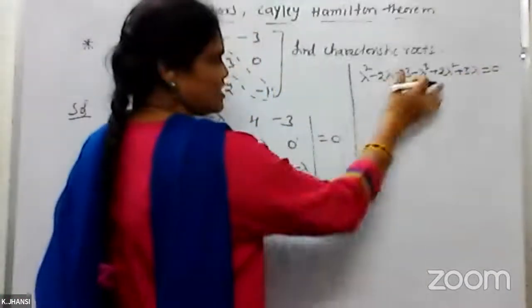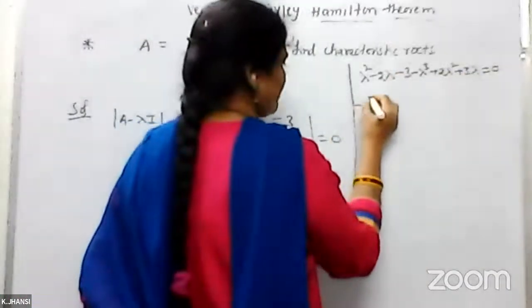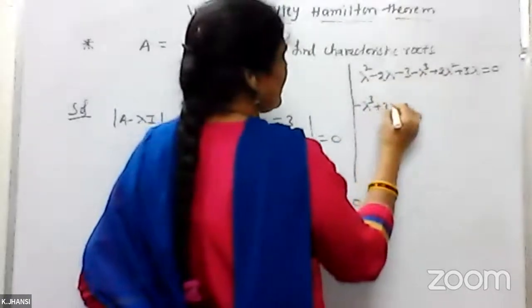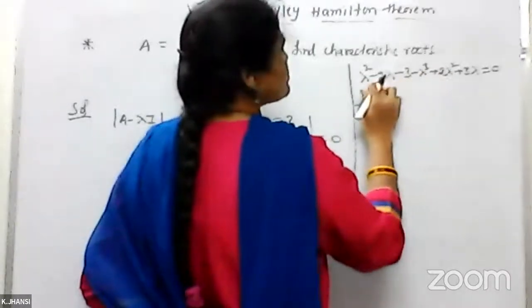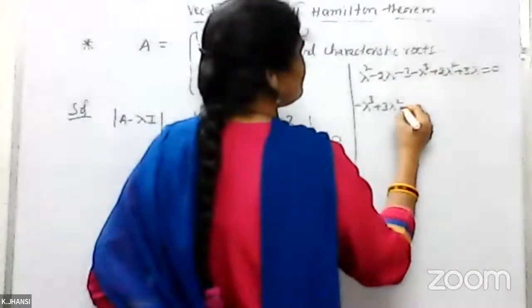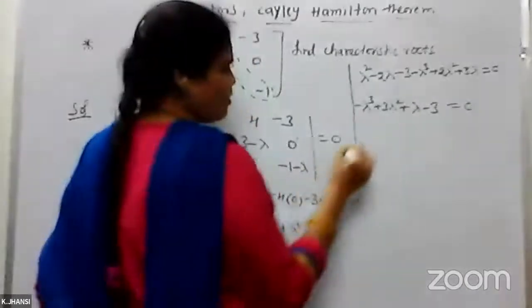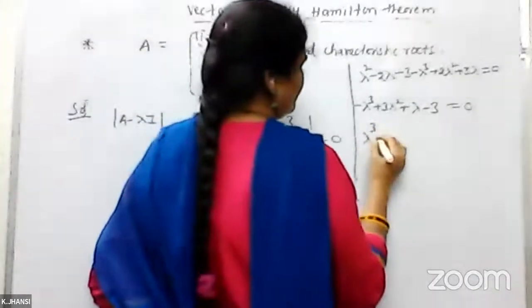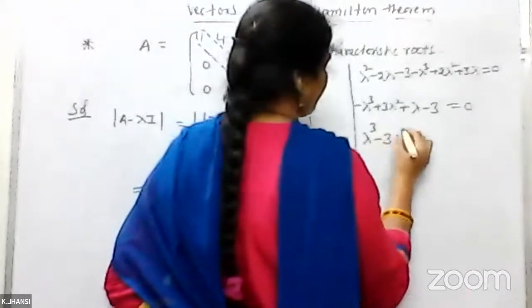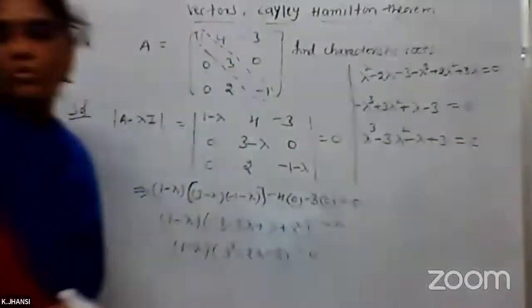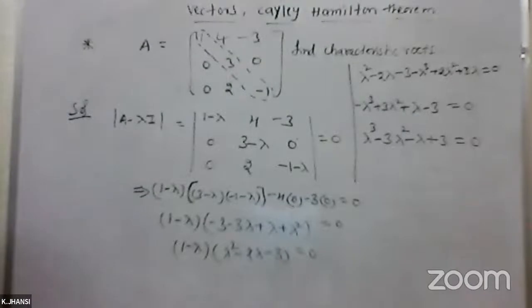Okay, so the highest power is here, this is minus lambda cube. So lambda square plus 2 lambda square is 3 lambda square. Minus 2 lambda plus 3 lambda means we get here plus lambda minus 3 equals 0. If we take minus common, lambda cube minus 3 lambda square minus lambda plus 3 equals 0. Okay, we got the polynomial as this one.